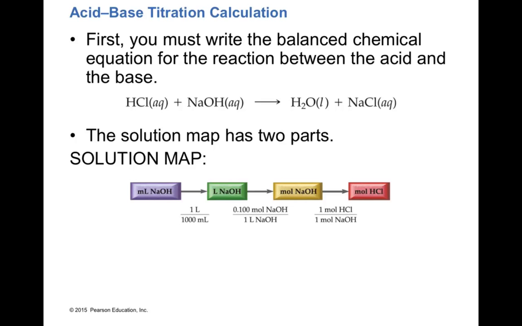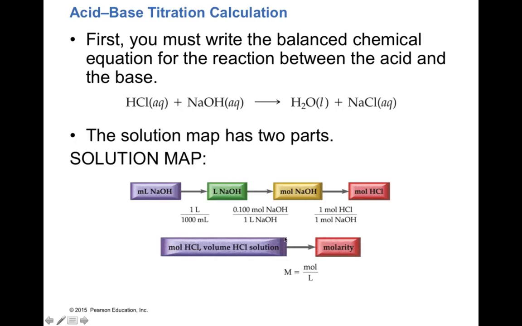So we have now this moles, so we need the liters. But which liter? The liters of sodium hydroxide or HCl? It must be the volume of HCl. Okay, so in that way, we divide by the volume of HCl, and now we can find out the concentration of HCl.